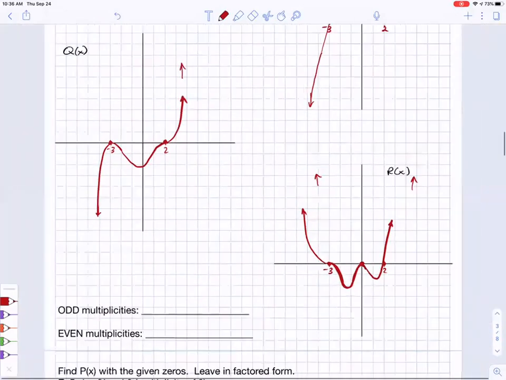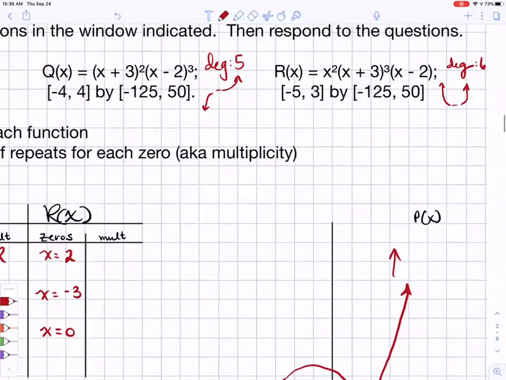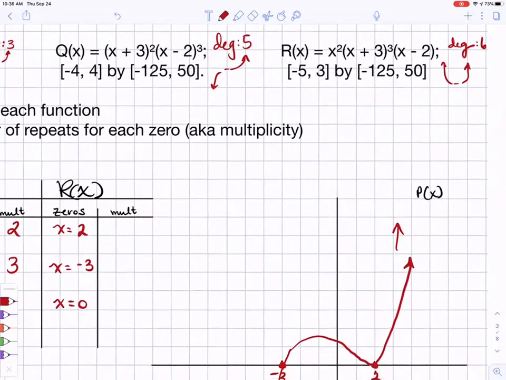Now, what were your multiplicities for the R group? What's the multiplicity for x equals 2? And the multiplicity for x equals -3? And for x equals 0? 2. Now let's put this all together and figure out what it all means.